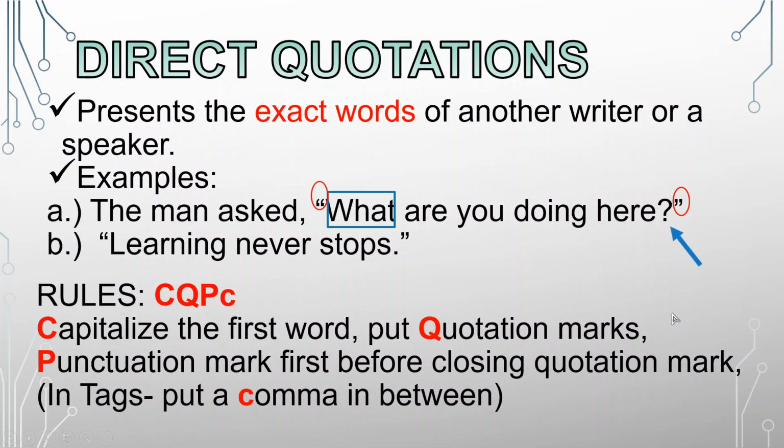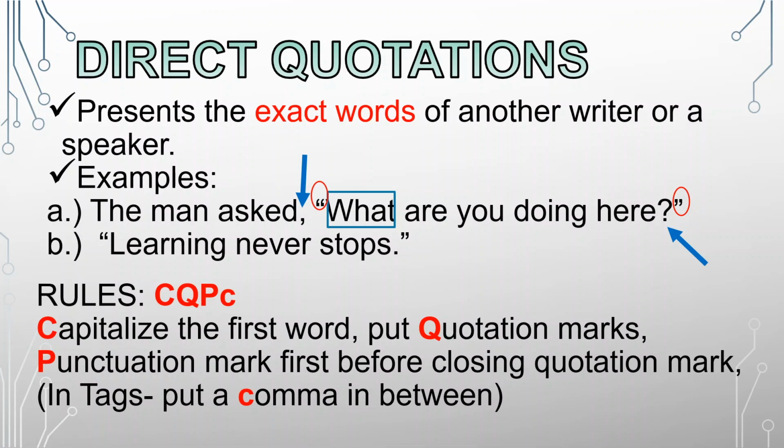Very good, the question mark comes first before the closing quotation mark, which is correct. Finally, for tags, put a comma in between. This is a tag, the man asked. There should be a comma in between, and that's the comma over there. So letter A follows the correct rules for direct quotations.